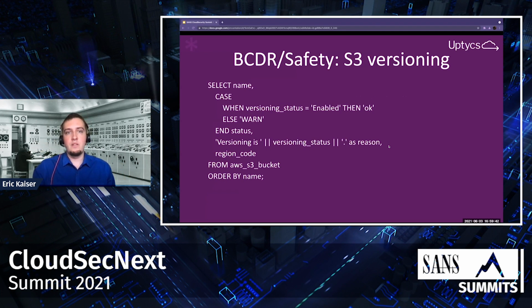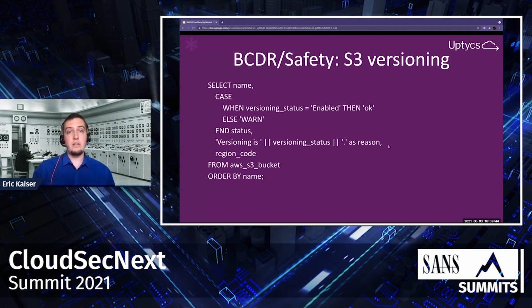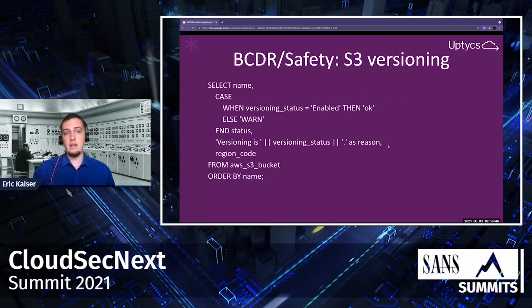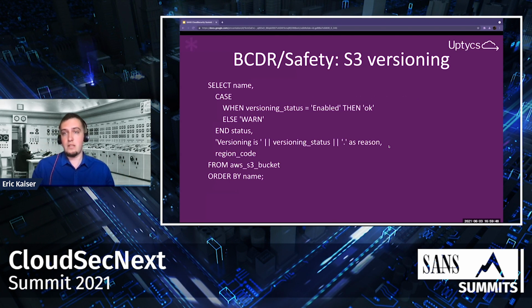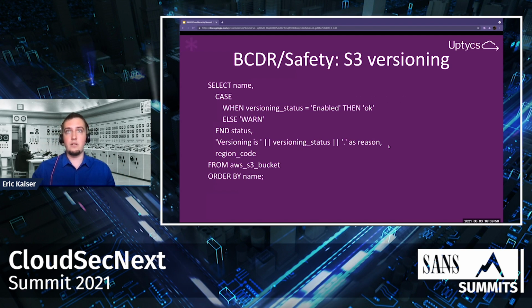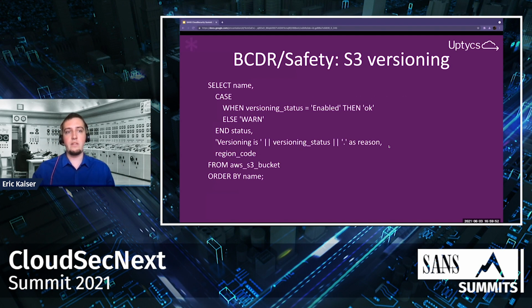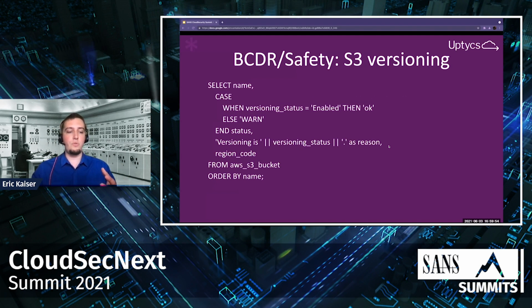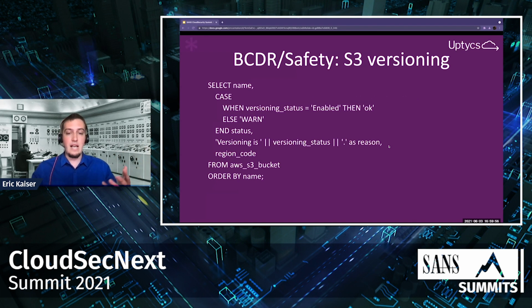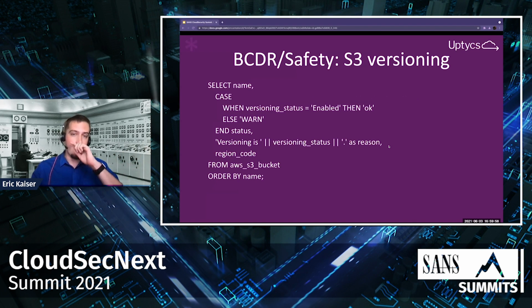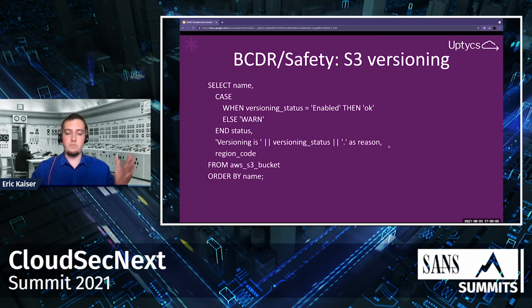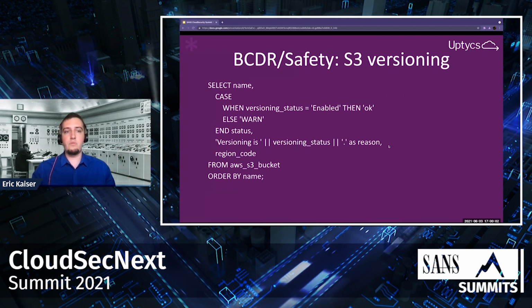Okay. This isn't compliance, but from a BCDR and safety perspective, you will probably care about S3 versioning. Is S3 versioning turned on all of your buckets so that when, say, one of your employees accidentally does something, not even malicious, and all of the S3 buckets get trashed, can you go back to a known good version?